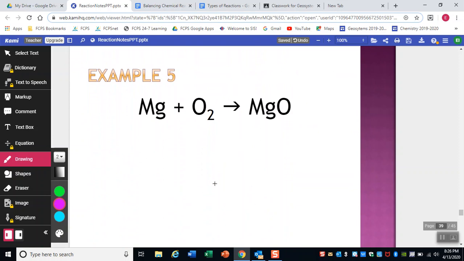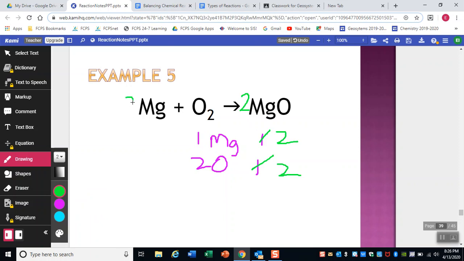Oh, good. This looks much better. Magnesium, oxygen. 1, 2. 1, 1. So all we have to do is double up our oxygens, right? So we'll do that by putting a 2, because all you can do is change the coefficient. That doubled the magnesium.